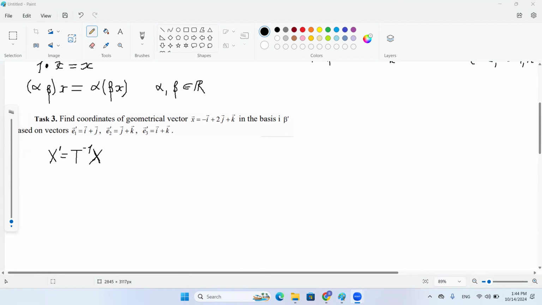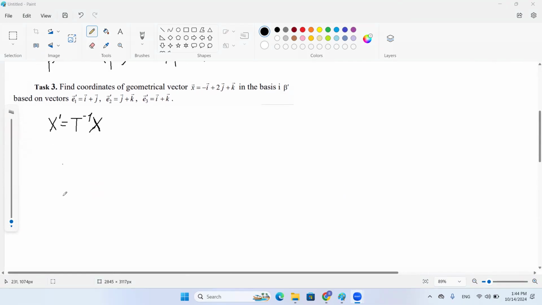So any ideas? Okay, maybe anybody else remembers how to build it in this task. Okay, Daniil. Transition matrix will be, we need to find whether the determinant of the matrix doesn't equal 0.